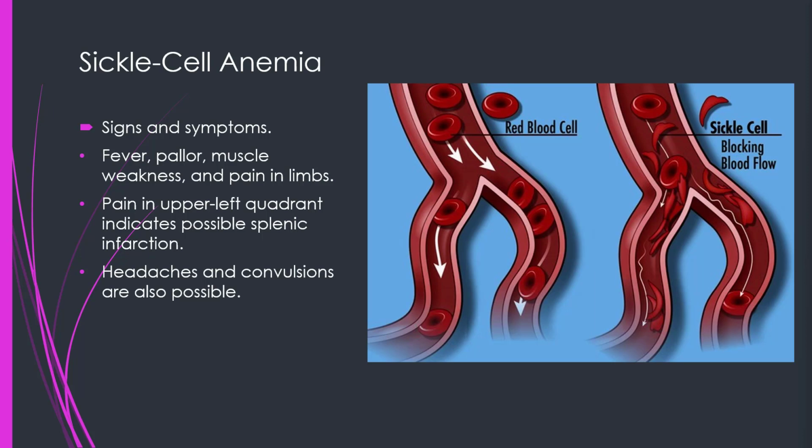Pain in the upper left quadrant indicates possible splenic infarction. Headaches and convulsions are also possible. The management for sickle cell anemia is to provide anticoagulants and analgesics for pain. These individuals should be monitored carefully during exercise for what is known as a sickling event.